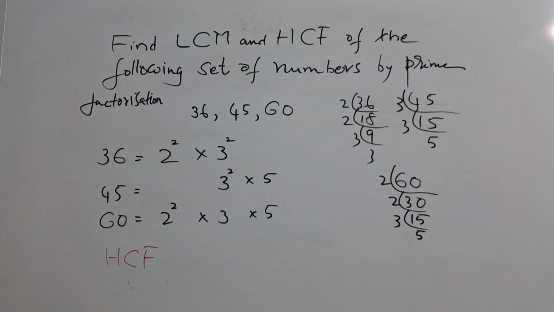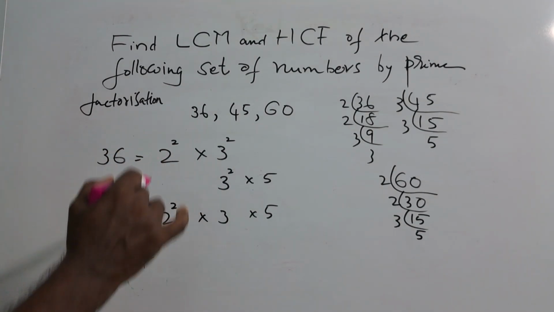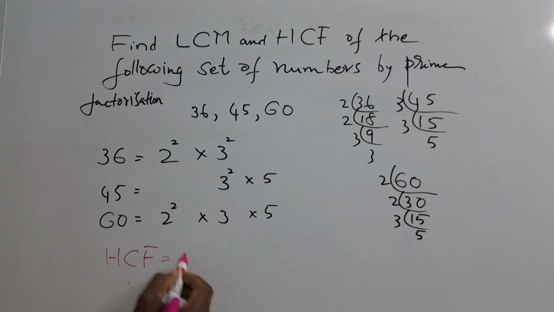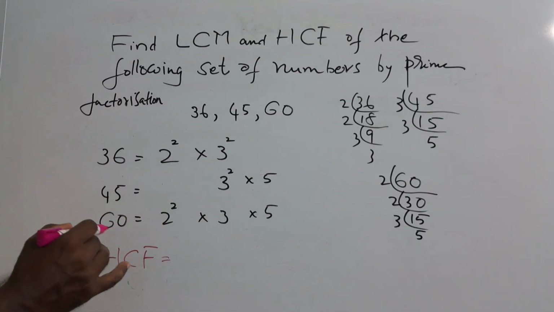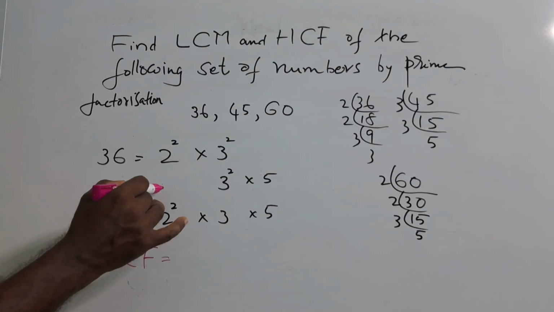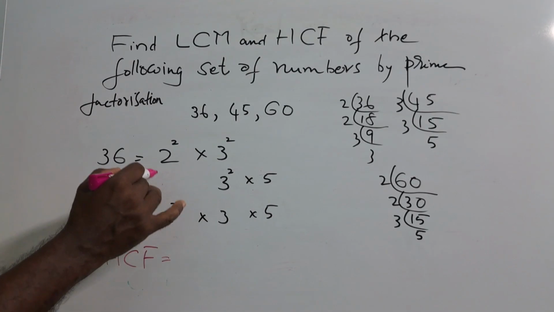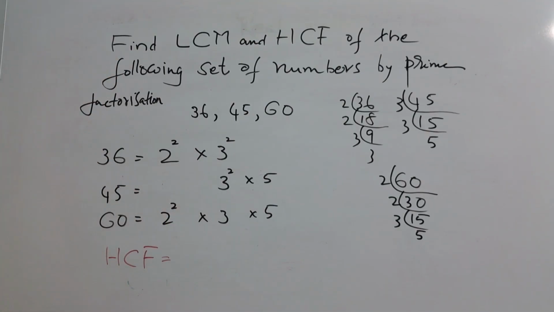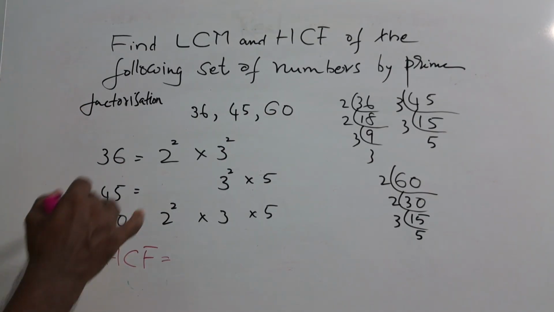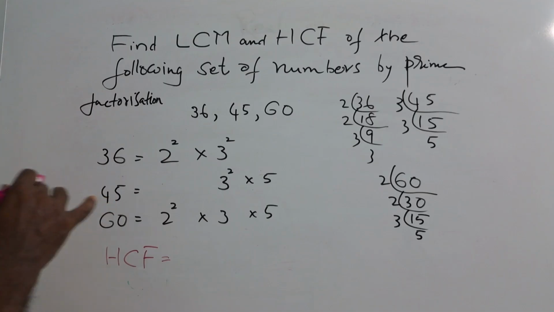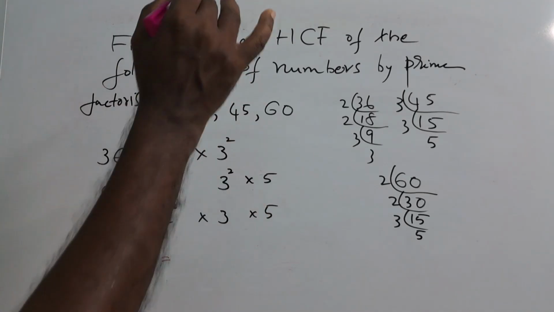We cannot consider 2 for HCF because 2 is not a factor of 45. There is no 2 here. And 5 is also not a common factor because the factorization of 36 doesn't contain 5.